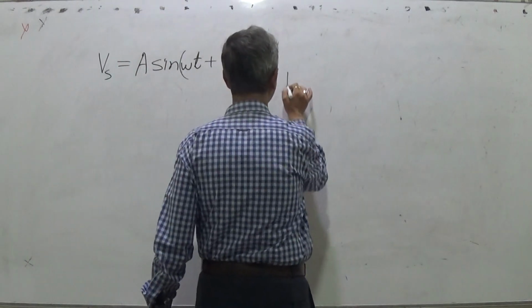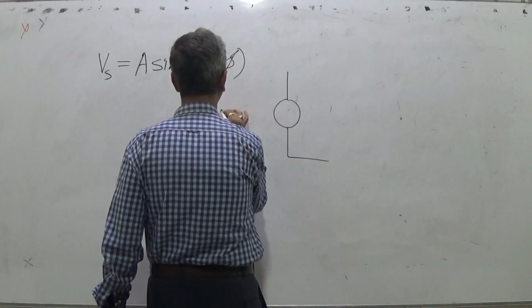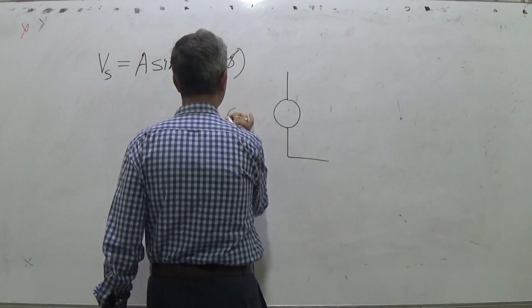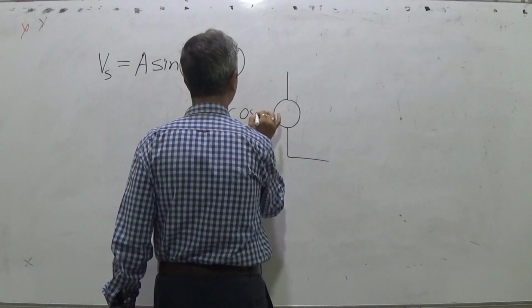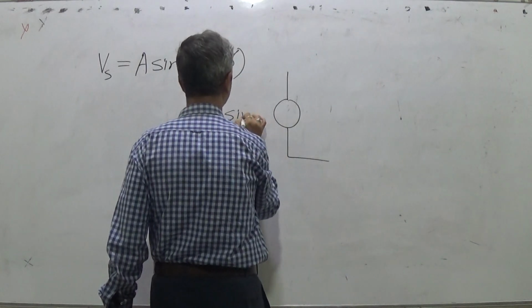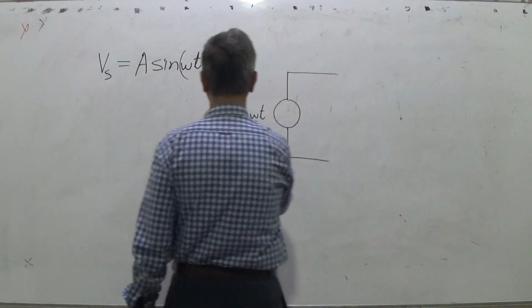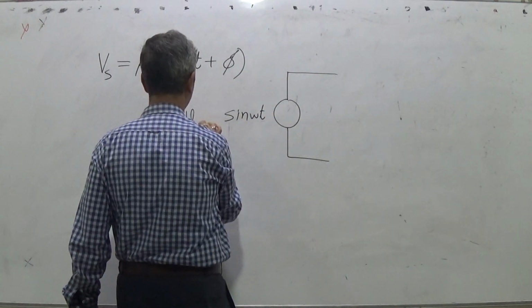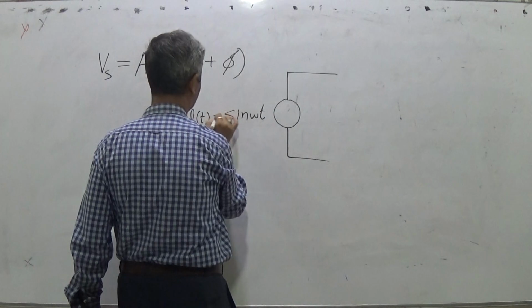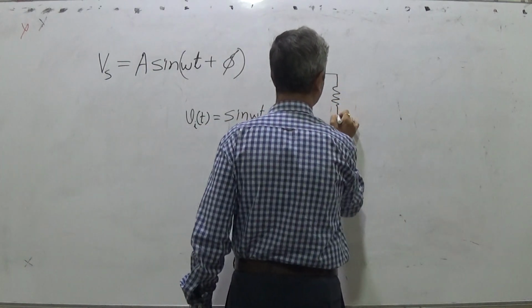So I apply a very simple input. Input is simple cos omega t, or we can say sin omega t. Input V in t, what I apply is sin omega t, and I have one resistor.